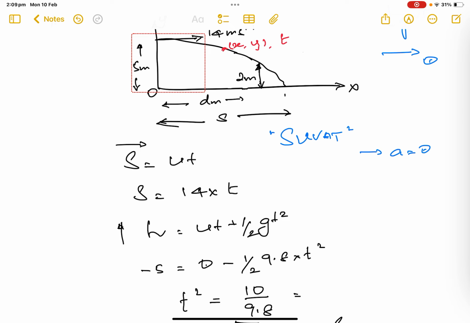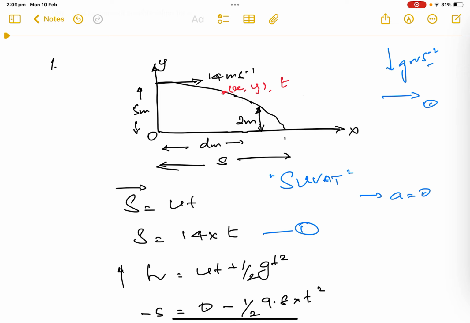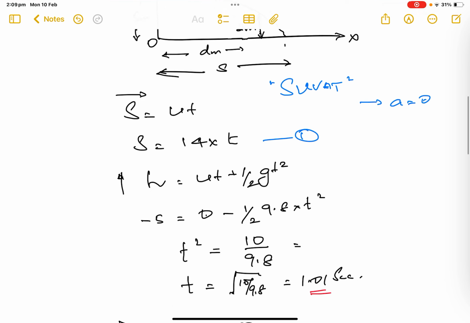We don't know s and we don't know t, so just keep that equation. Again, we can apply the SUVAT equation vertically from the window, 5 meters above the ground. So just use h equals ut plus half gt squared.